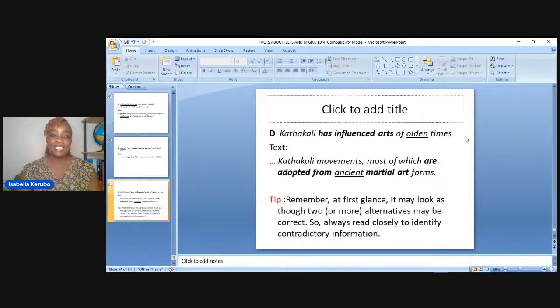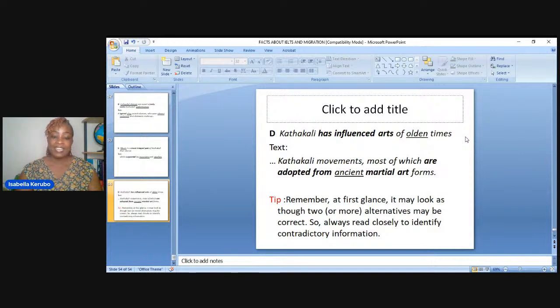Eliminate, eliminate. You might eliminate and just remain with one option. And then confirm that everything in that statement agrees with the information provided in the text before you take it as your final correct answer.